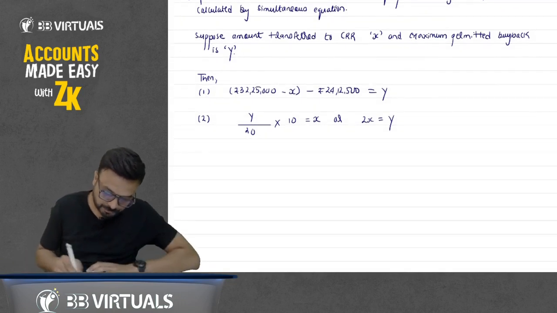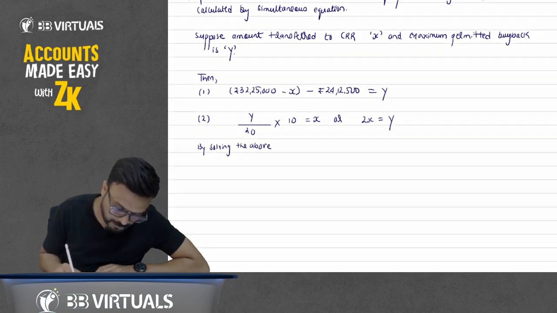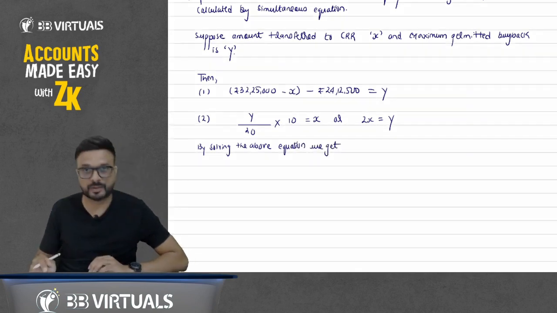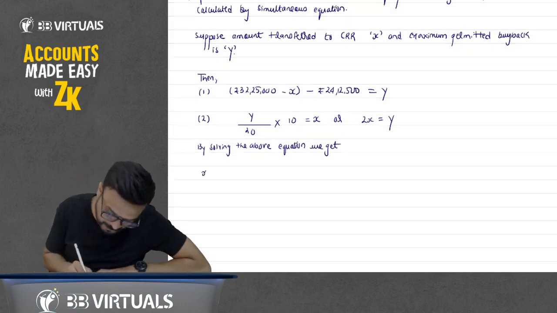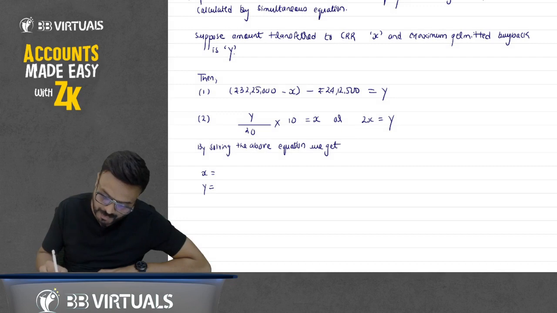So here, by solving the above equation, we get X equals Y. We have to calculate. Write down Y equals 2x, so here x will come, it will be 3x.